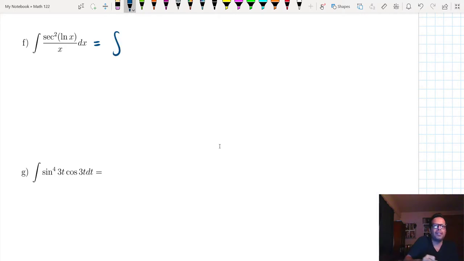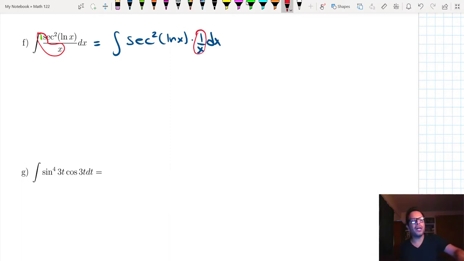I'm going to rewrite the integral as secant squared of ln x times 1 over x dx. In other words, notice the invisible 1 multiplying secant. If we group that 1 with this x, that's the 1 over x that we have here.